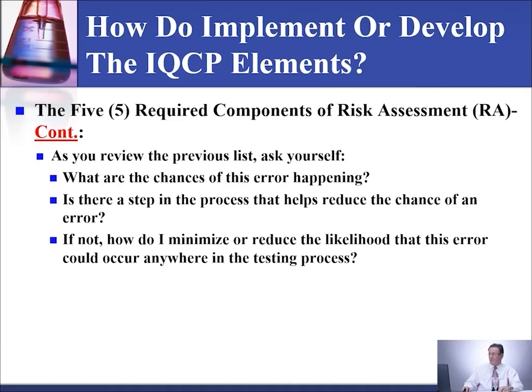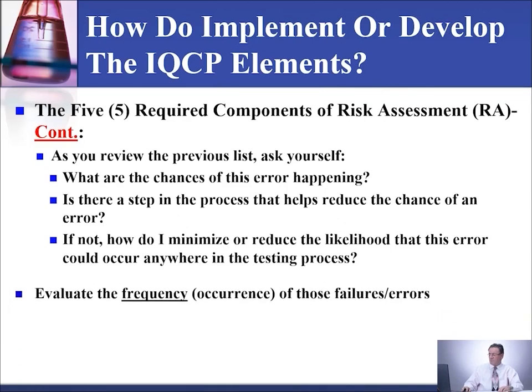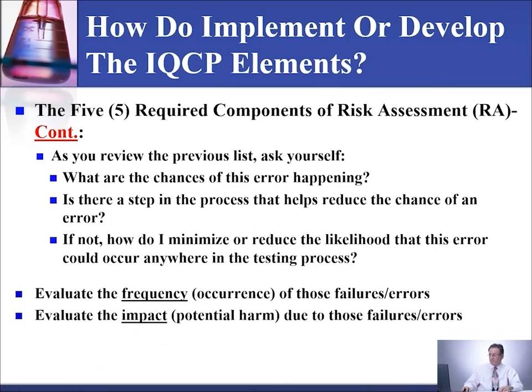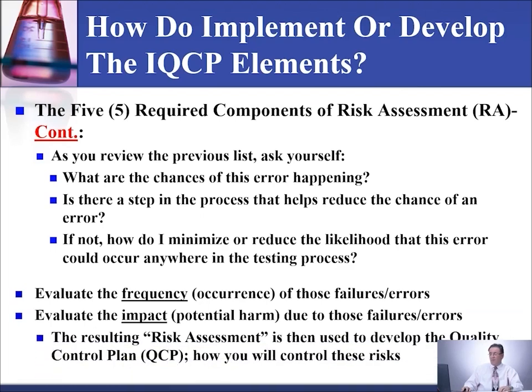If not, how do I minimize or reduce the likelihood that this error could occur anywhere in the testing process? Evaluate the frequency of occurrence of those failures or errors. Evaluate the impact, the potential harm due to those failures or errors.